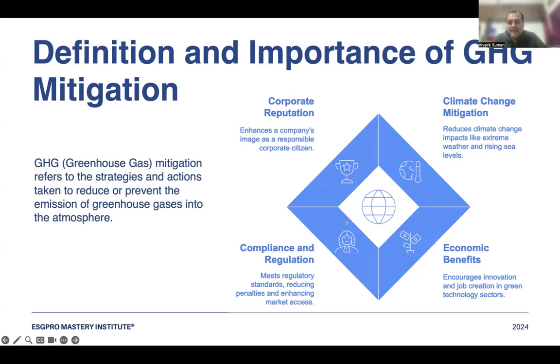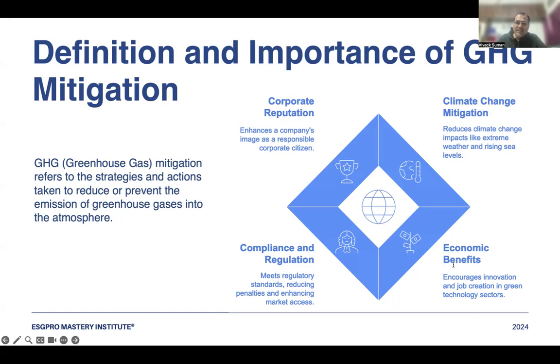Then comes the compliance and regulation part of GHG mitigation. To meet international and national regulatory standards, including the Paris Agreement, following that, you need to reduce the risk of penalties and enhance market access. There is no other way than having GHG mitigation. Just calculating the GHG emission doesn't help you. Actually, you calculate for a specific purpose, and the purpose is you want to reduce the carbon footprint.